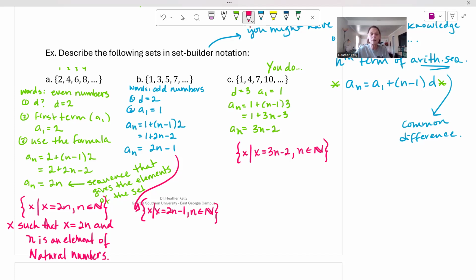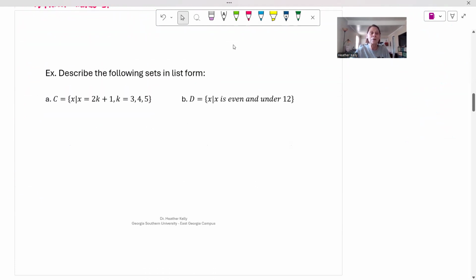Okay, so this is how to describe the sets in set builder notation, and I certainly did the harder part first. Let's list out some set terms here. So looking here, it says describe the following sets and list terms. Now notice on this first one, it said x such that x is equal to 2k plus 1.